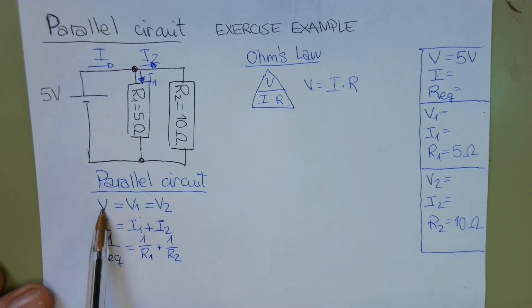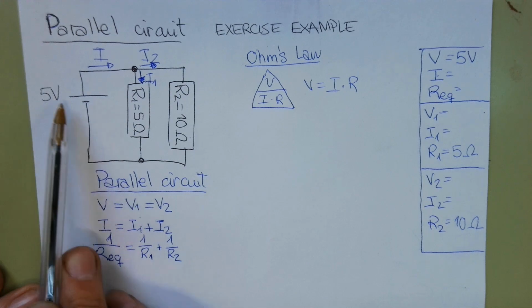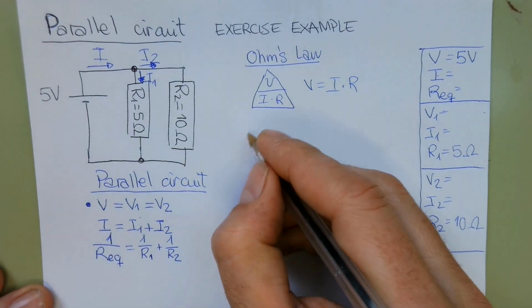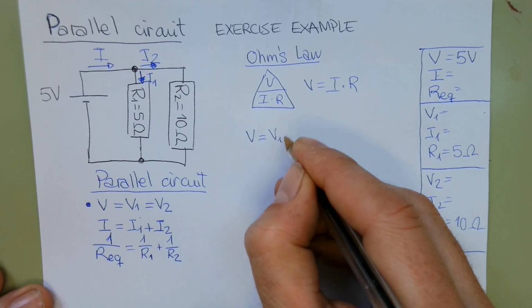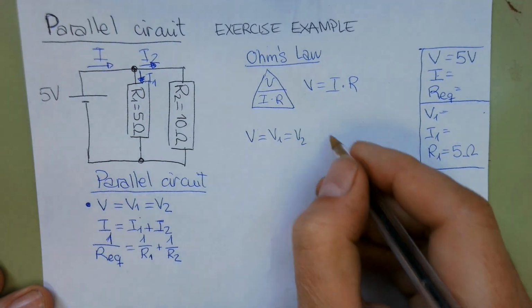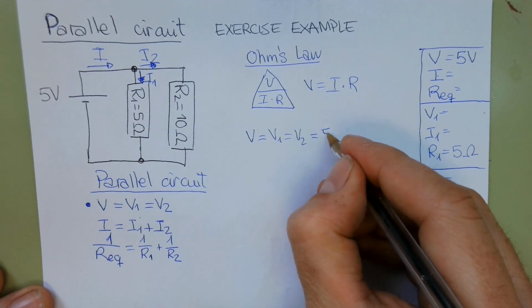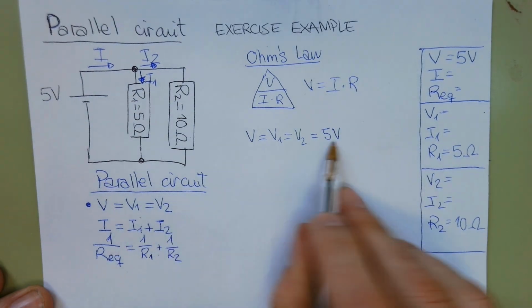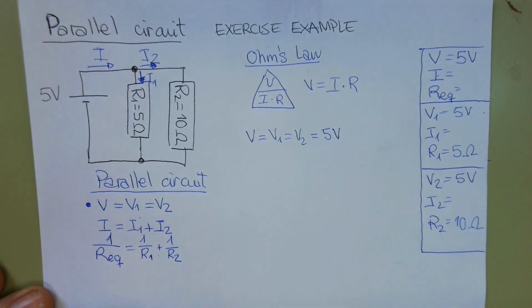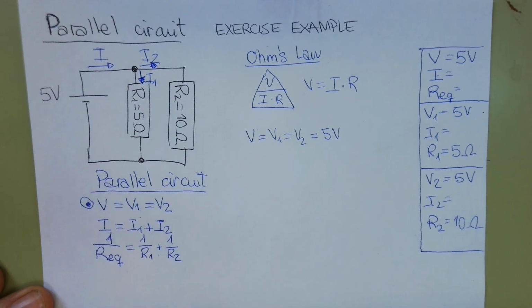For example, first equation: if I know whichever of the voltages, I know the rest. In this case, I know the voltage of the battery. So this is the equation I'm going to start with. The voltage of the battery is the same voltage in all the components connected in parallel. And they are, in this case, 5 volts. I can take this information to my table. Okay, I have used this equation.